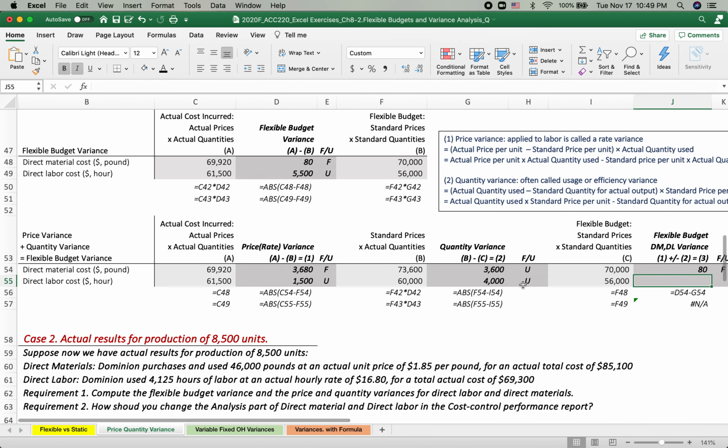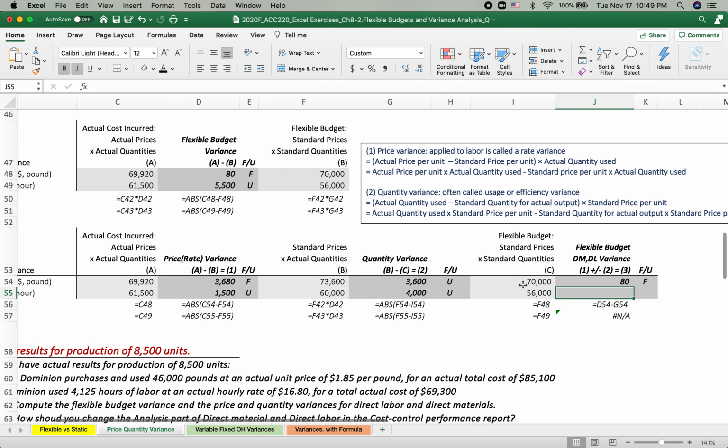What about this direct labor cost? Direct labor cost is, now both are unfavorable, so we can just sum this up. So the total is unfavorable.